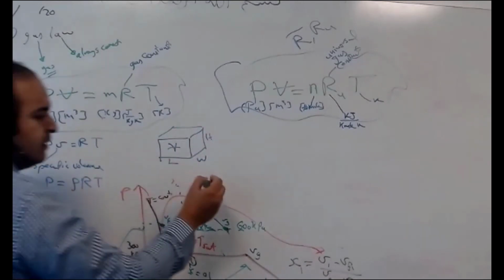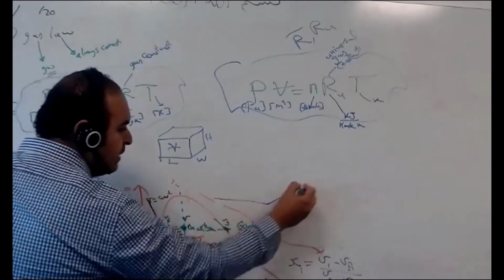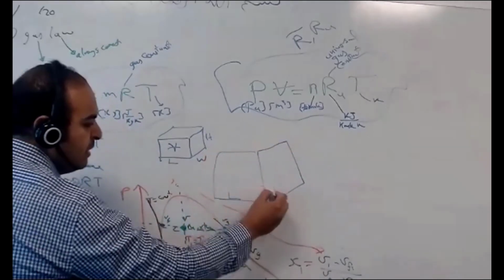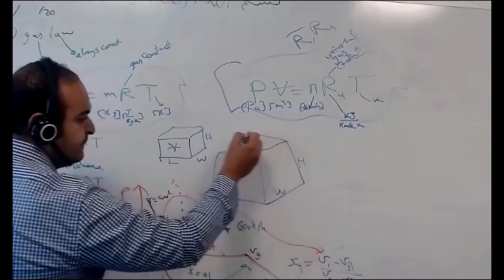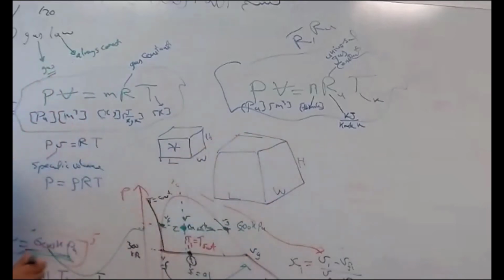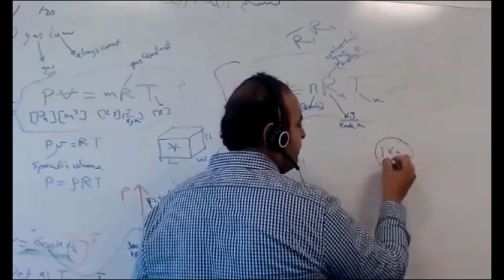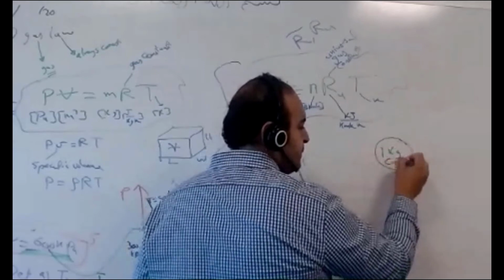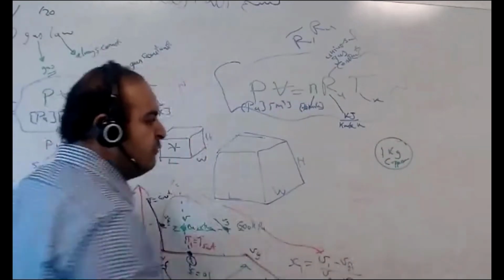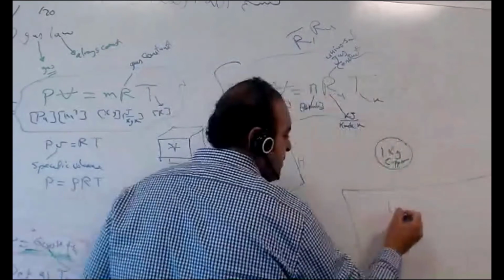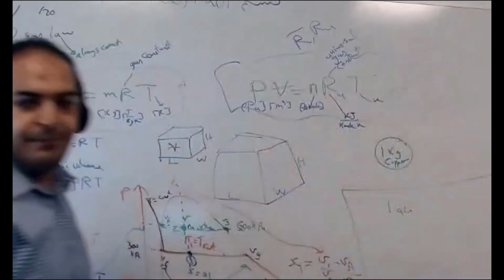If it's bigger, that's still length by width by height, but bigger. This is called volume. Mass is something else. Let's say you have 1 kilogram of copper. You have 1 kilogram of air, huge volume, but the mass is the same.